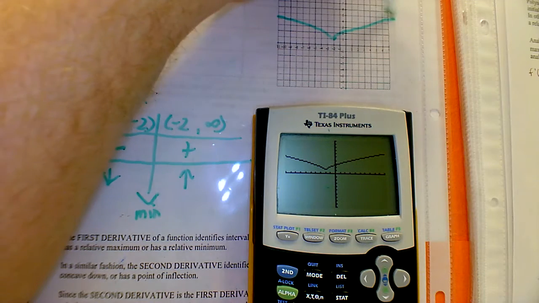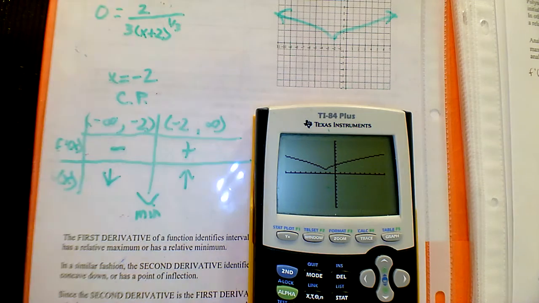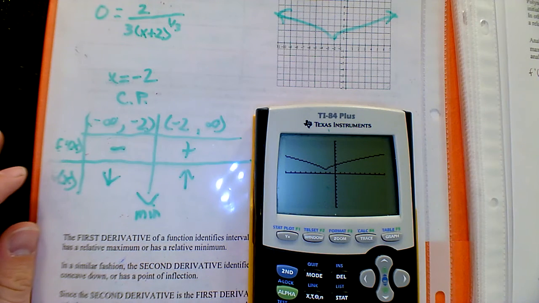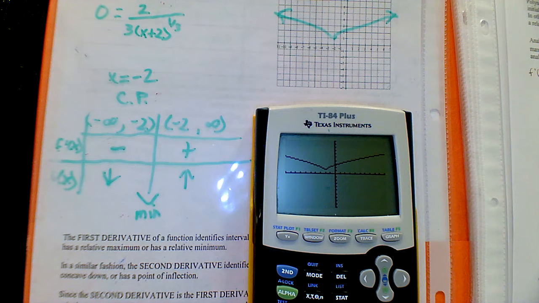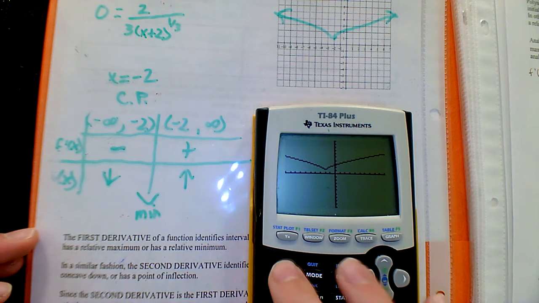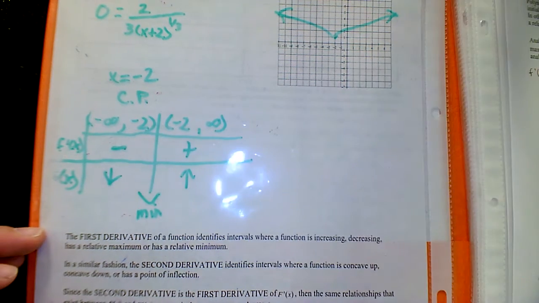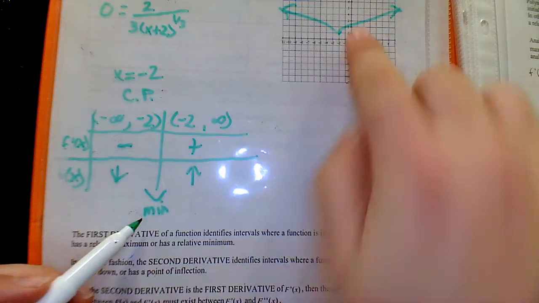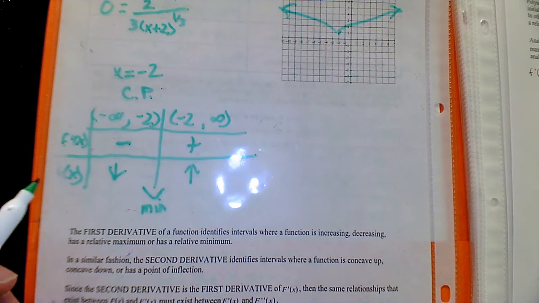So I'm just going to roughly draw it in there. It looks something like that. We verified with the calculator that we do have a min at that -2.